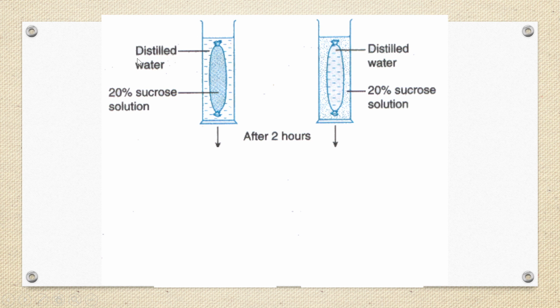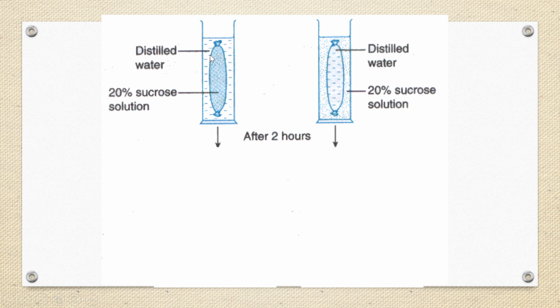Definitely it is the distilled water. That means they have more water molecules as compared to the solution within the Visking tubing. So osmosis tells us that there will be net movement of water from where to where across this selectively permeable membrane, yang diwakili oleh this Visking tubing? From where to where?